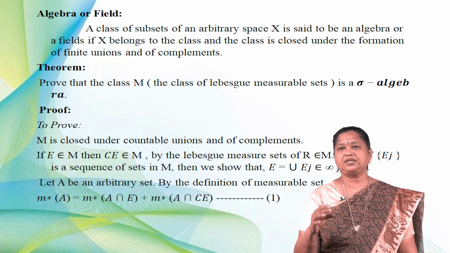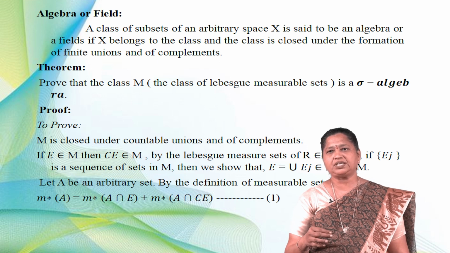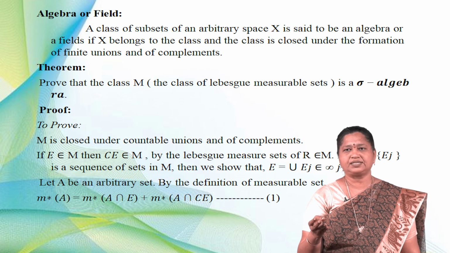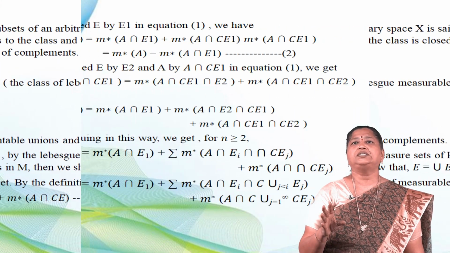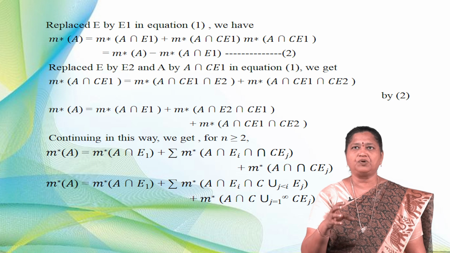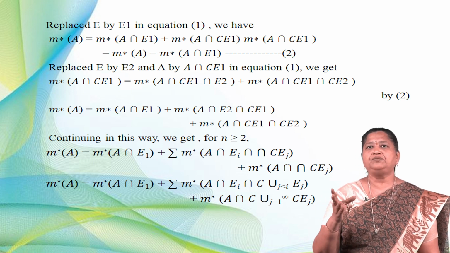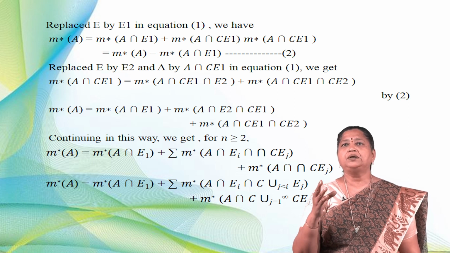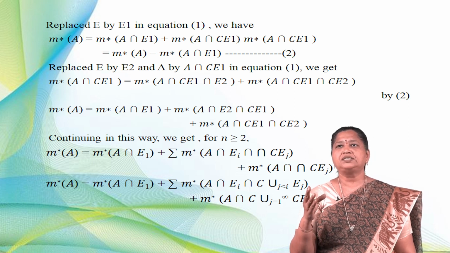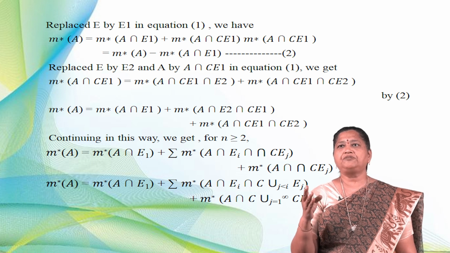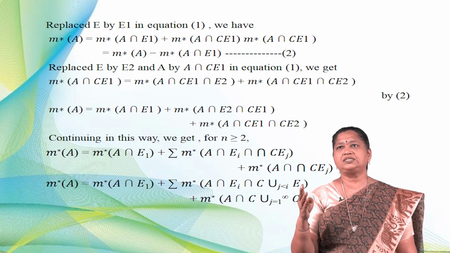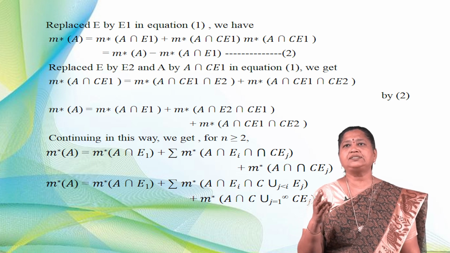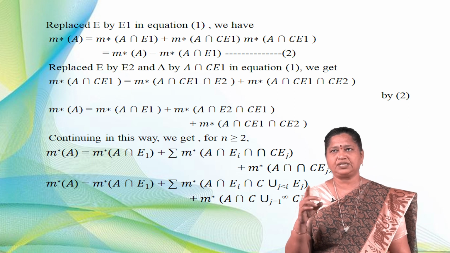By the definition of measurable sets, m*(A) is equal to m*(A ∩ E) plus m*(A ∩ E^c); that is equation 1. Next, replace E in equation 1 by E1. We get m*(A) equal to m*(A ∩ E1) plus m*(A ∩ E1^c), that is m*(A ∩ E1^c) equal to m*(A) minus m*(A ∩ E1); that is equation 2.